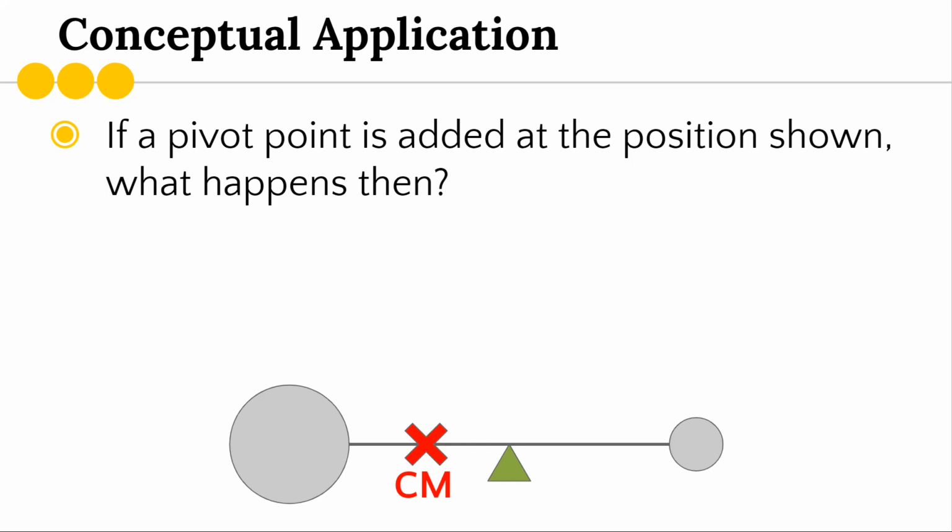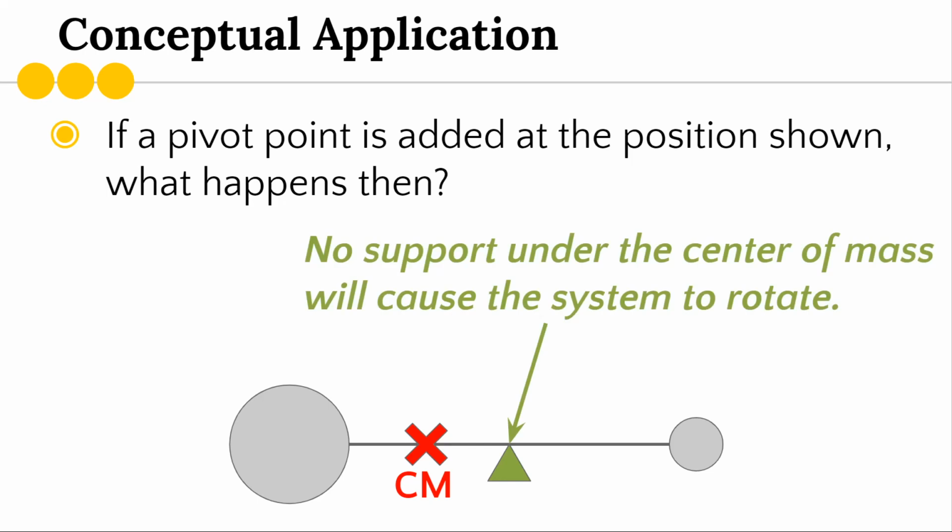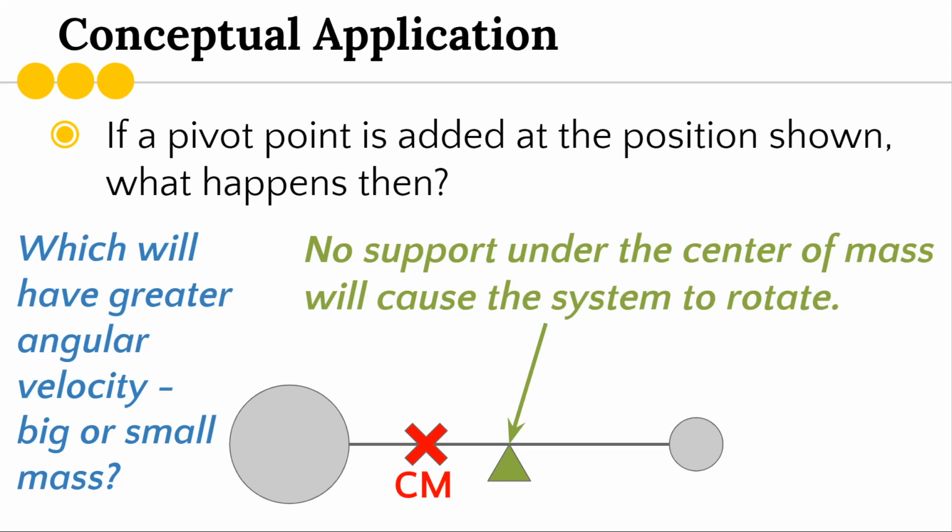If you were to place a pivot point at this location shown, when you had a center of mass that's shifted over to the side like this, you are going to get rotation. That large mass is going to go down, that small mass is going to go up, and you're going to have rotation for that meter stick or whatever that object is. Okay, if you do not have support under the center of mass, it will cause your system to rotate.